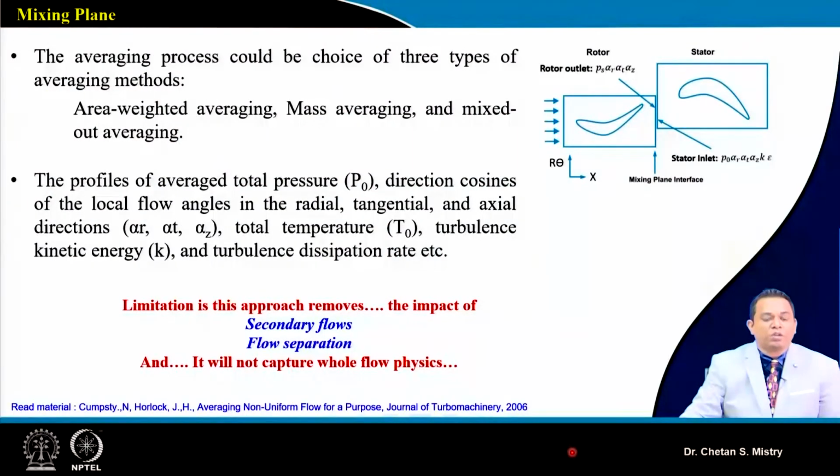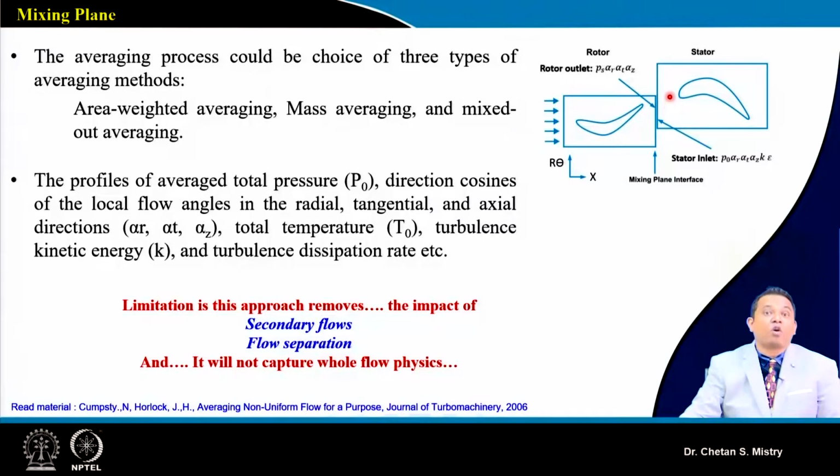Okay. Now when we are doing this averaging, there are different averaging techniques available. One is mass flow averaging, then area averaging, and next is called mix out averaging. Here, this is my rotor outlet. At this plane we calculate all our parameters, which are circumferentially averaged parameters. Those parameters will be the input for my stator domain.